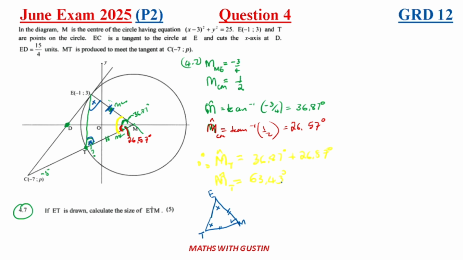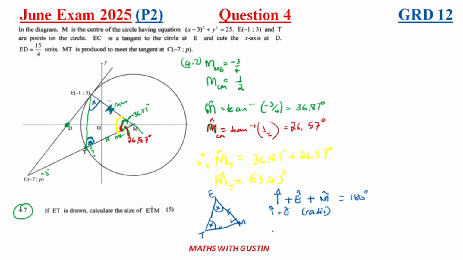So the sum of angles in a triangle is equal to 180. So this is what we can do. It means T, which is the same as E, plus M must give us 180. Remember E and T are equal because of the radius. So you can come here and say these two are equal, the reason being radii. Even if you don't write this one, guys, I think it's worth it.